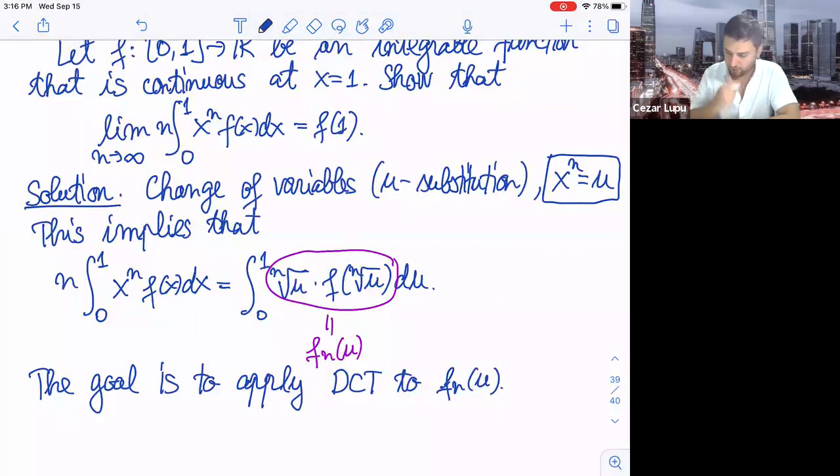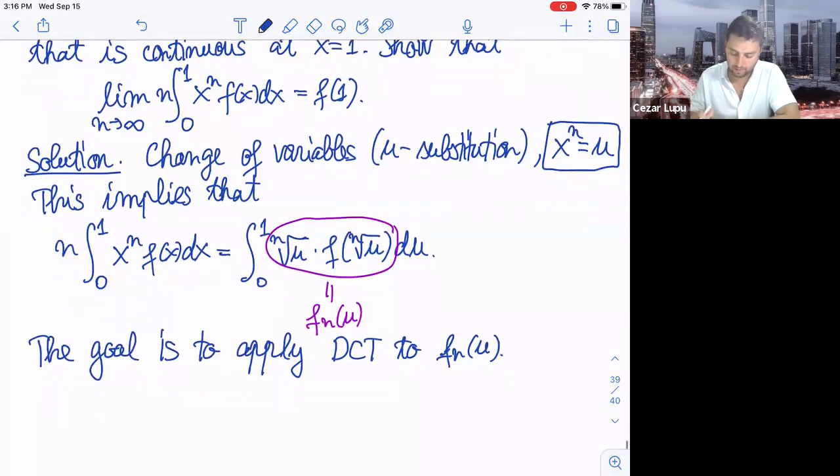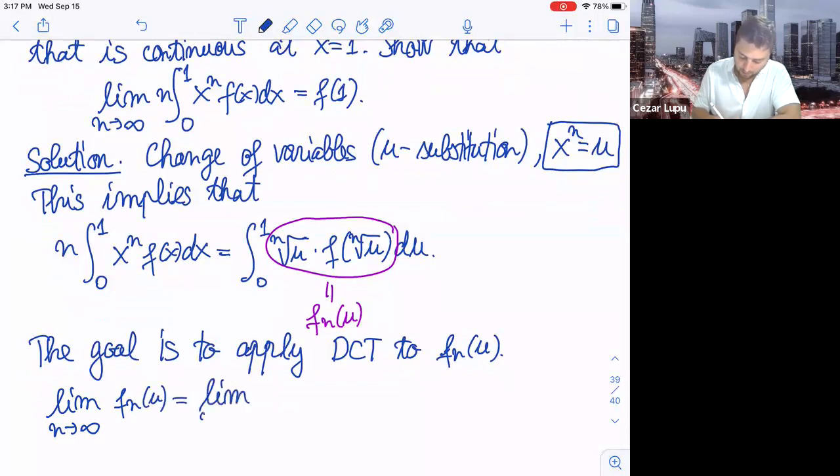But first let's see the pointwise limit. The limit as n approaches infinity of f_n of u is the limit as n approaches infinity of f of the nth root of u.